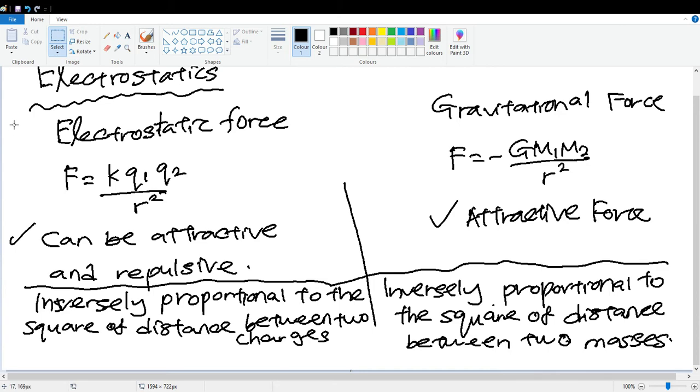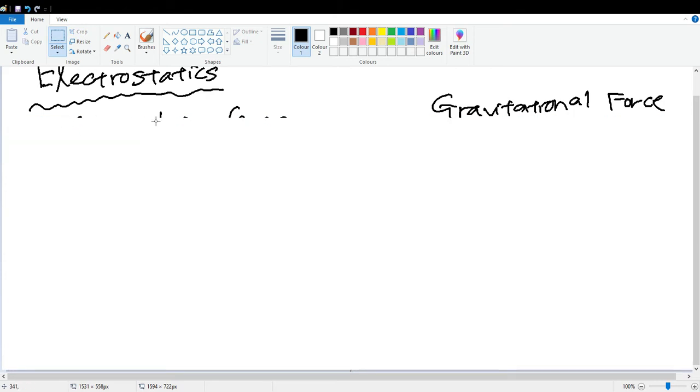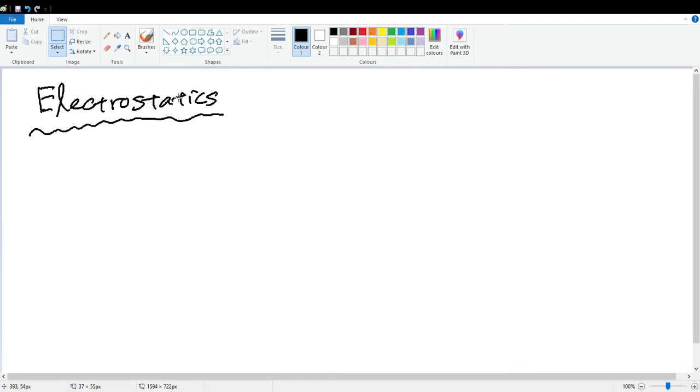Okay, so after discussing the magnitude and direction of electrostatic force, for the next step what we need to do is understand how to calculate and determine the direction of electrostatic force.